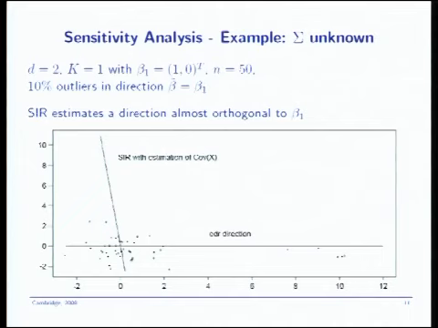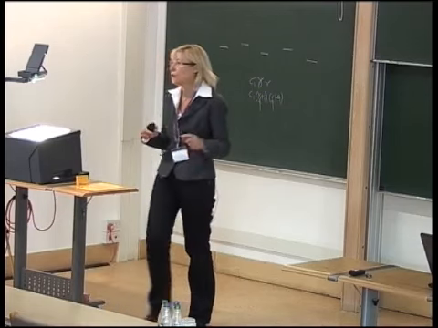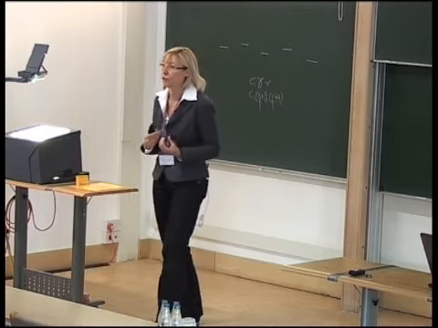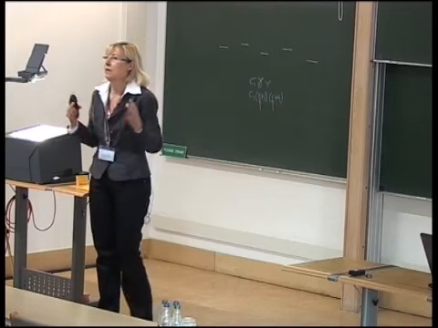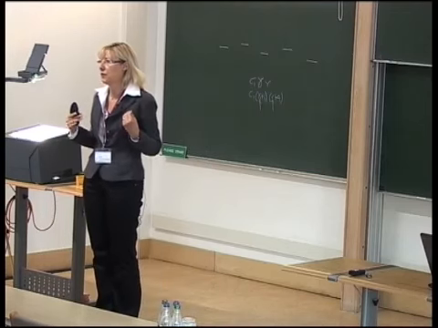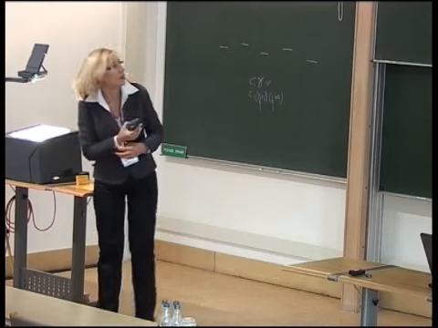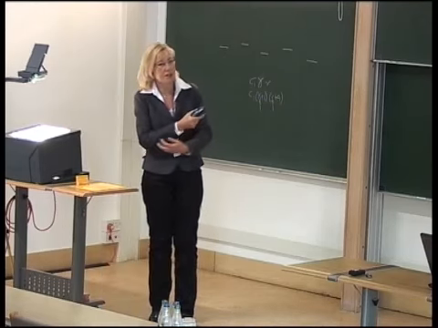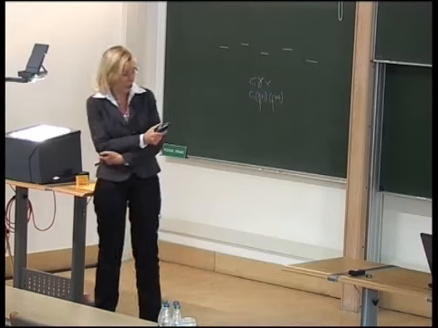Say these are your X observations and you put quite a few into the direction of the true dimension reducing direction, then when you estimate this direction by SIR, it is estimated almost orthogonal to what had been correct. Okay, so this is a kind of worst case behavior in a robustness context of this procedure.